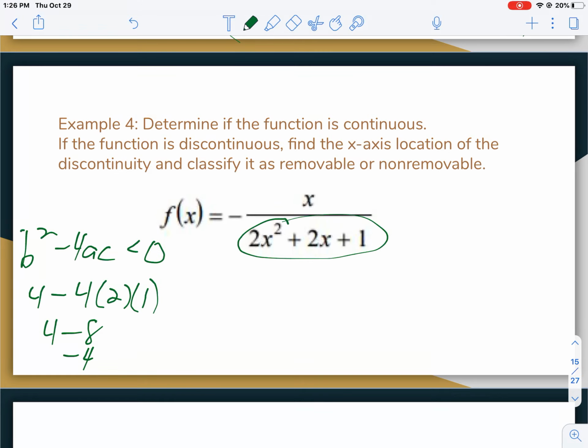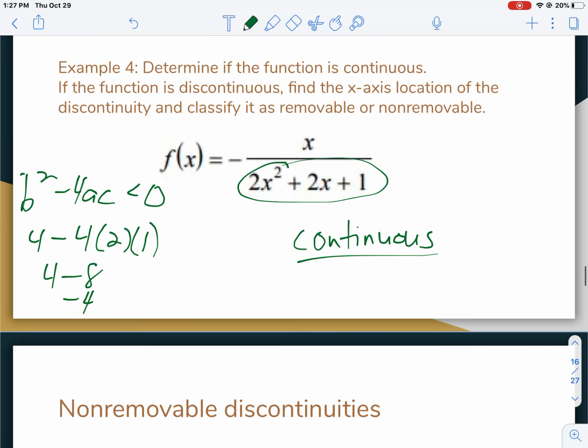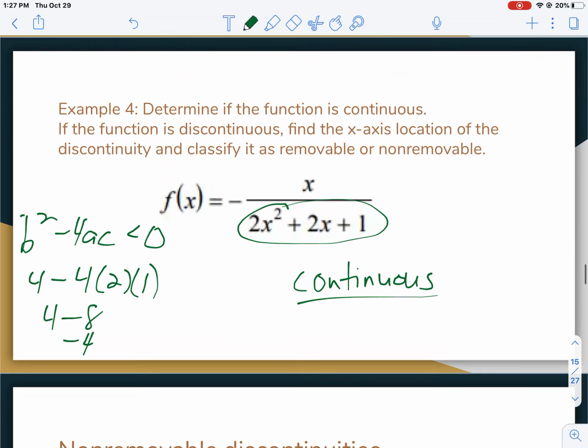The discriminant's less than 0, so you'd have imaginary roots. So there's no real number roots that make the bottom equal 0, only imaginary. So this would actually be a continuous function. There's no real number we can plug in that would make the denominator go to 0. So, therefore, it's continuous.